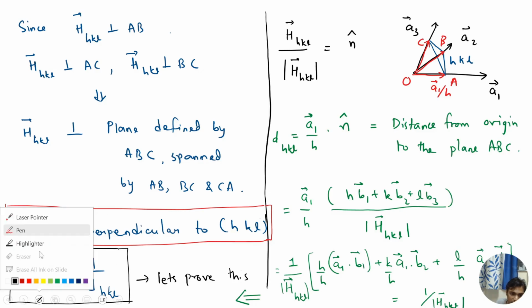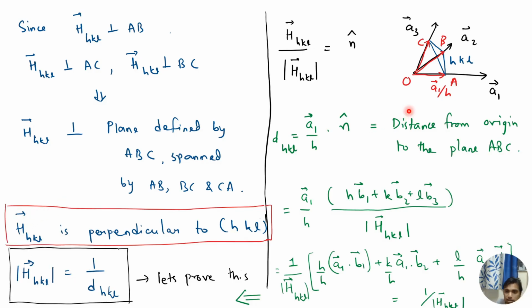I hope this point is clear. The projection of this OA along the line normal to this plane will give you the shortest distance between O and this plane. Is that one clear?